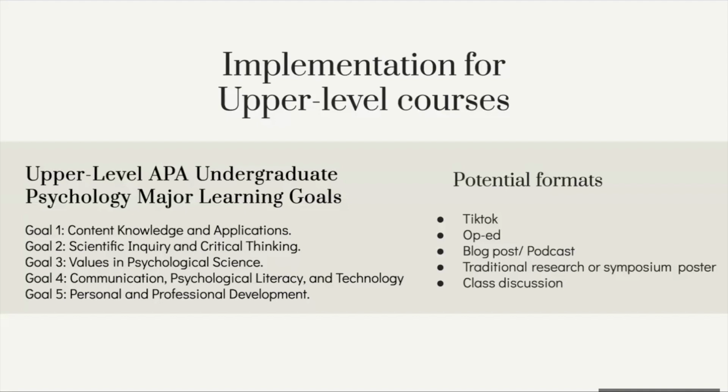Something that we think would be helpful would be for students to be able to take this information and use it in more of a group format in order to produce a project or product that they can share with other students and a broader community as well. One example of how we could do this is to take this assignment and use it in an upper level course, such as our Psychology of Women course.